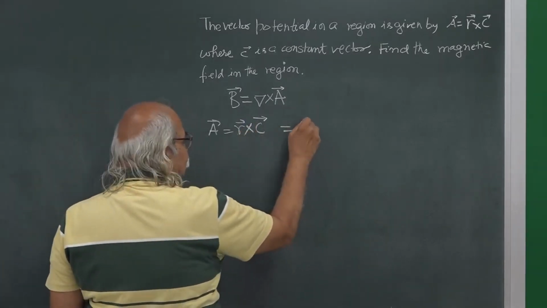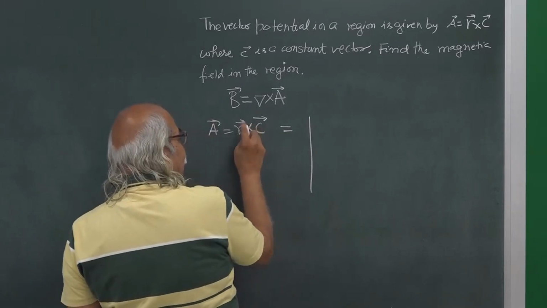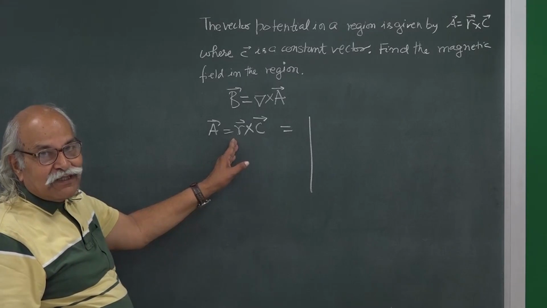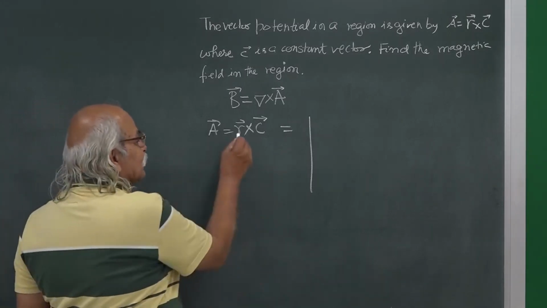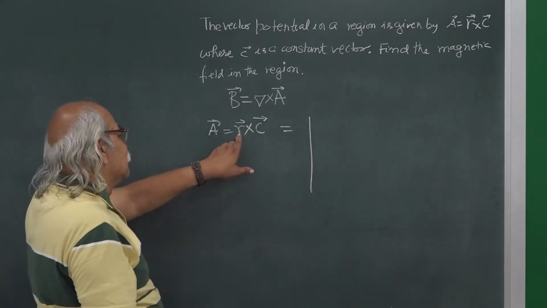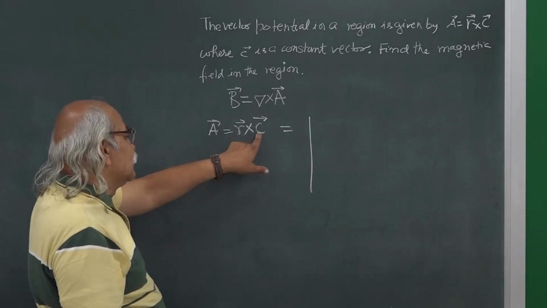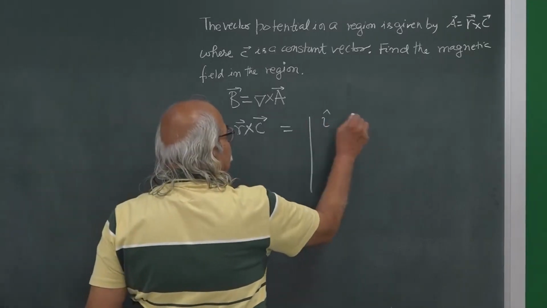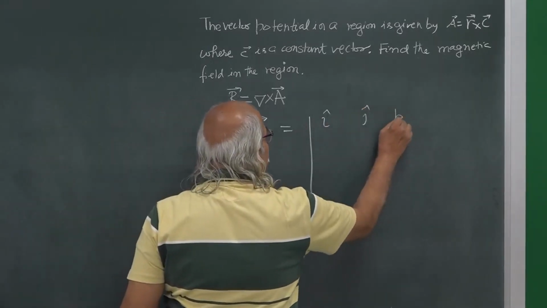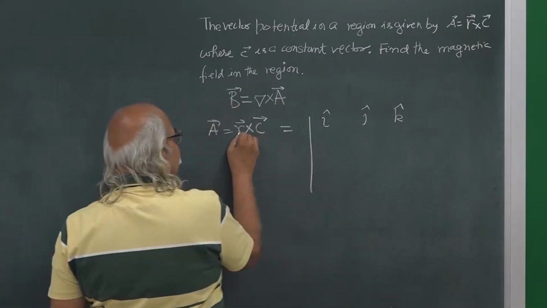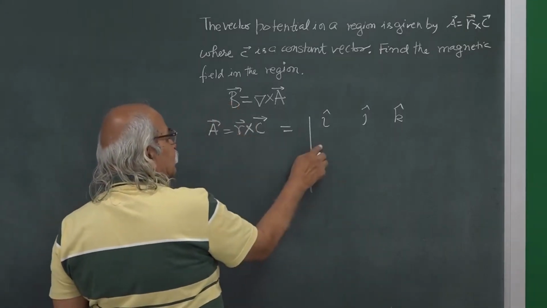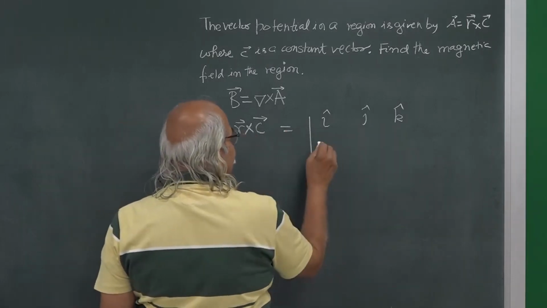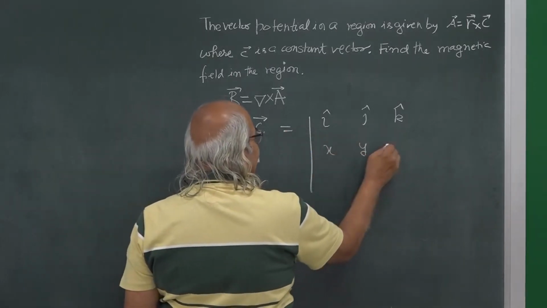This is a cross product of two vectors. The three components of the first will go in the second row, and in the first row we will have i cap, j cap and k cap. Second row we will have the x component, the y component and the z component.